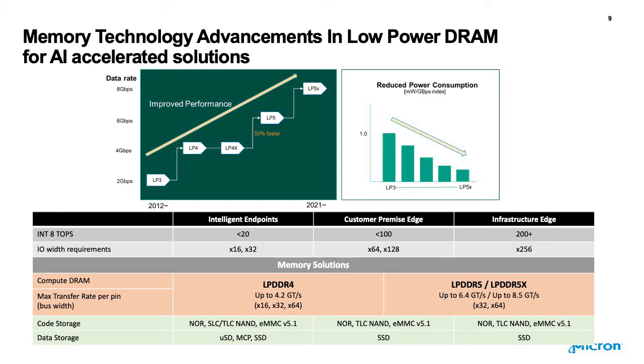The reason is you'll see how the performance of LP4 and LP5 is growing, and when you get to LP5, it's almost 50% faster throughput. At the same time, LP5 technology is also going to reduce your power consumption by almost up to 80%.